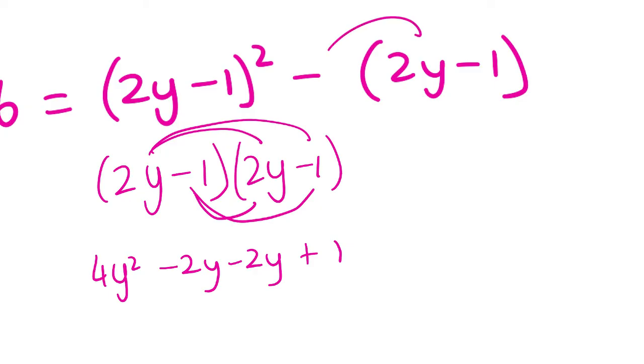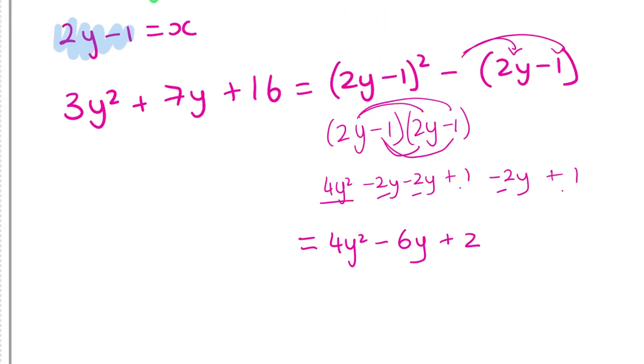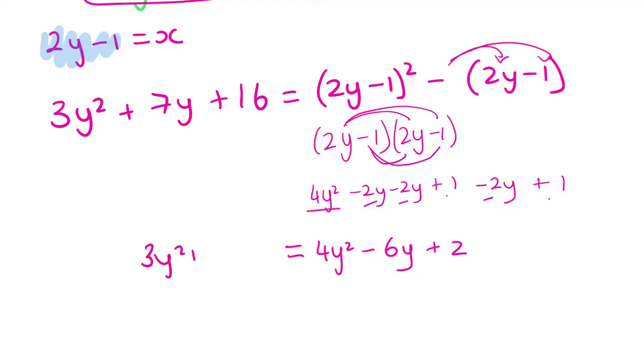Then, these are simultaneous, so that's why I substituted. Minus 2y, minus times minus 1, plus 1. Okay? So this gives me 4y squared minus 6y plus 2. So I get 3y squared plus 7y plus 16 equals this.